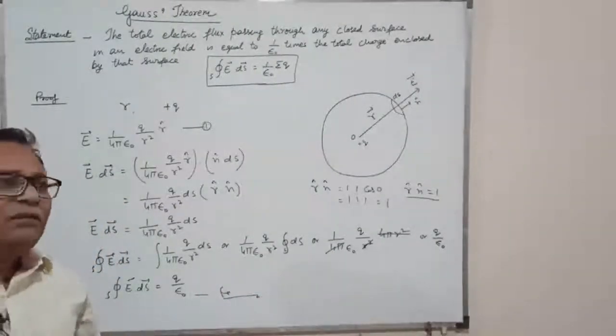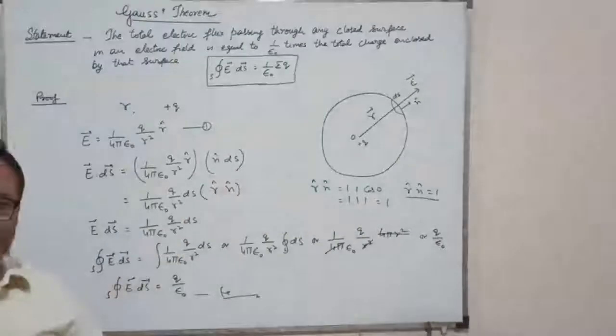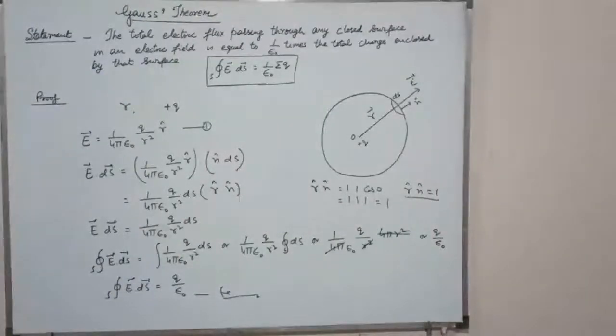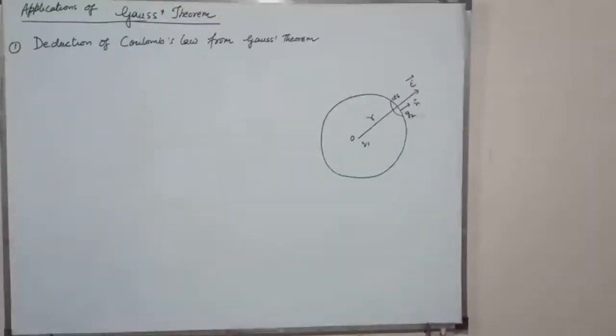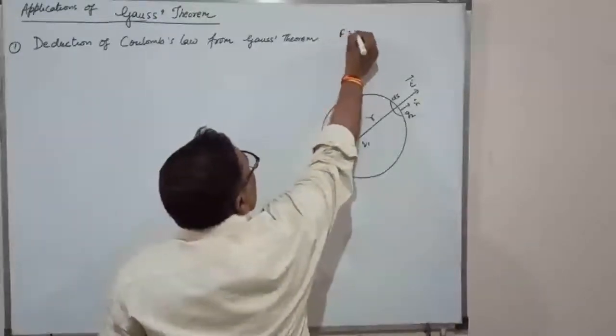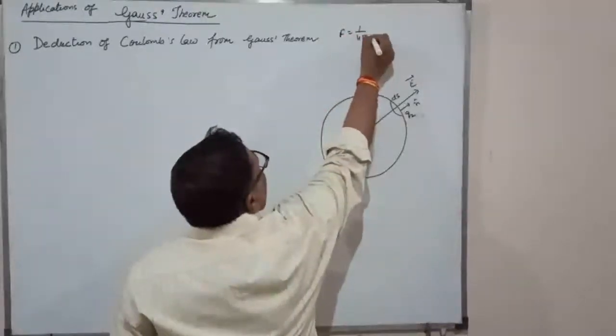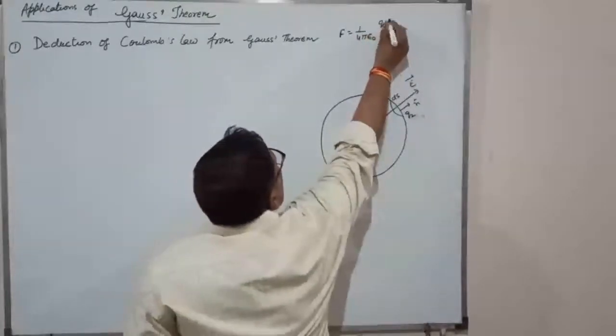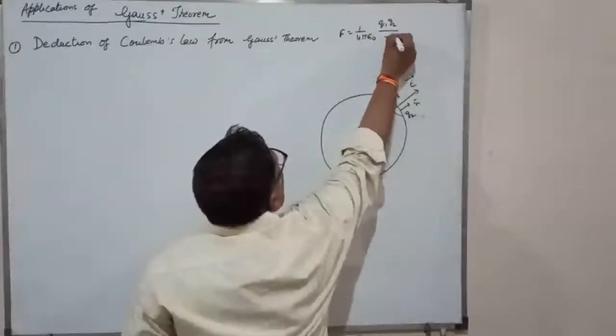Clear? Then the applications of Gauss theorem. We start the applications of Gauss theorem. Now the first application is deduction of Coulomb law from Gauss theorem. We know that F is equal to 1 upon 4 pi epsilon 0 Q1 Q2 upon R square.